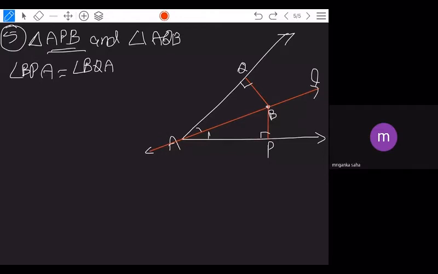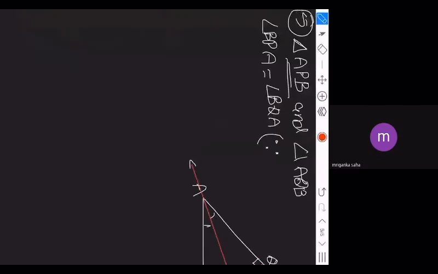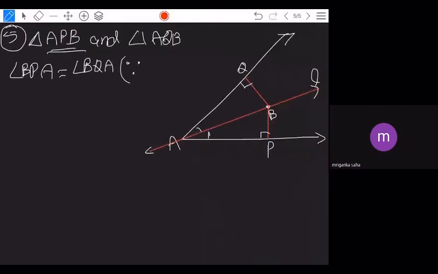The reason is this symbol. What is this symbol? Whenever you are writing a reason in brackets, it is the reverse of therefore. That symbol is called since. Whenever you are giving the reason, then you have to use this symbol. Angle BPA is equal to angle BQA.